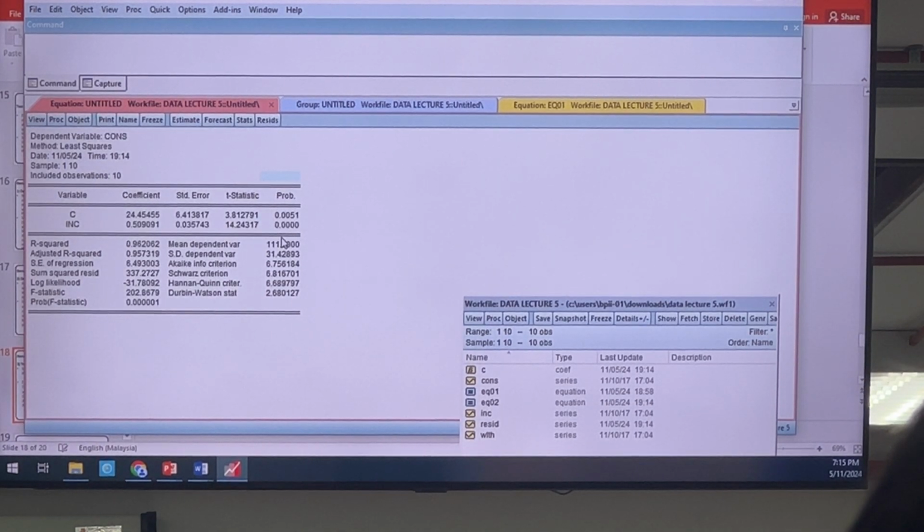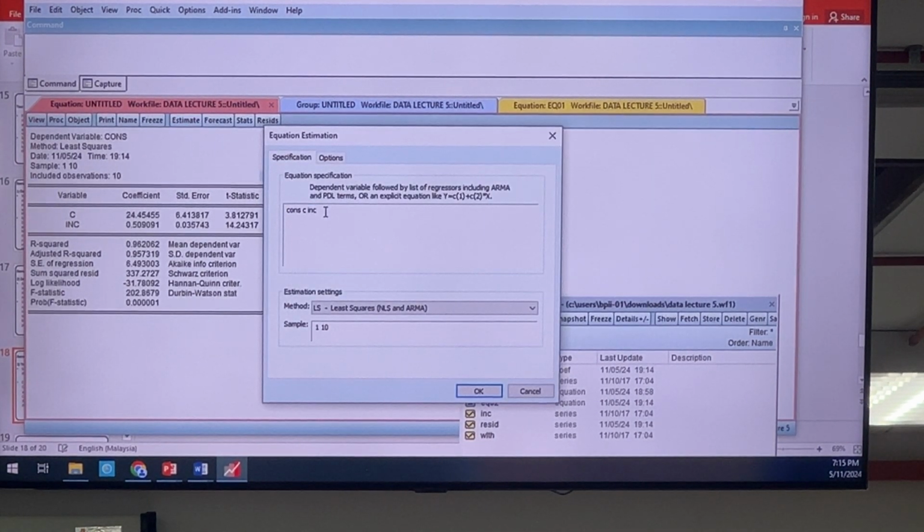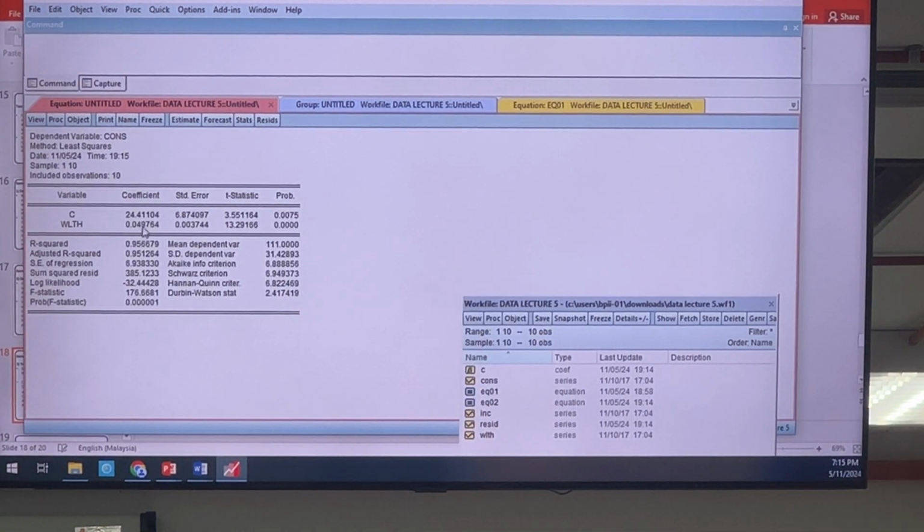If you decide to remove income and just retain wealth, you see now it has a positive sign of estimate instead of negative, previously negative.